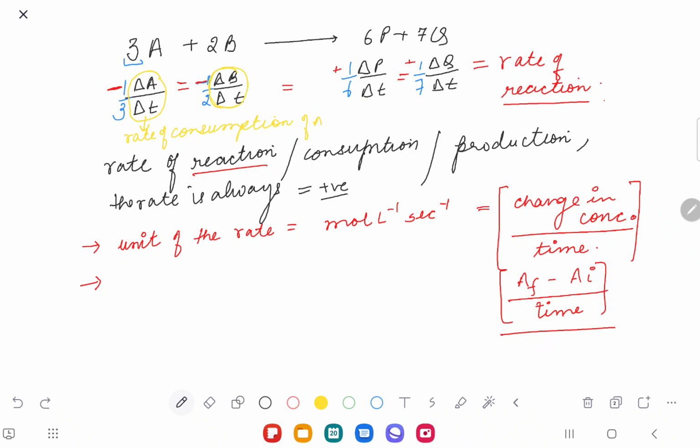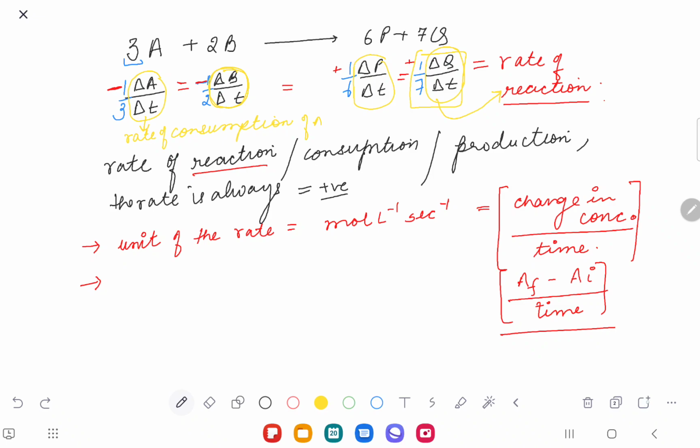This would be called the rate of consumption of B. Delta P by delta T would be called the rate of production of P, and delta Q by delta T would be called the rate of production of Q. But if you call 1 over 7 delta Q by delta T, then that would be called the rate of reaction.